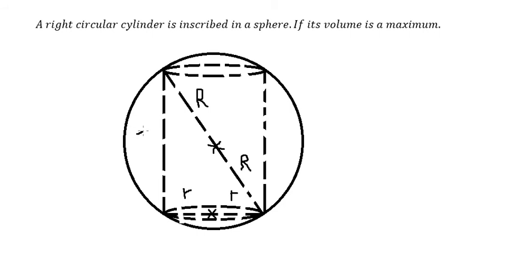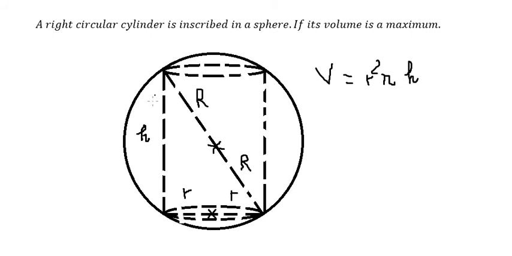And the next one, this is the height. So the volume of this cylinder should be pi r squared h.